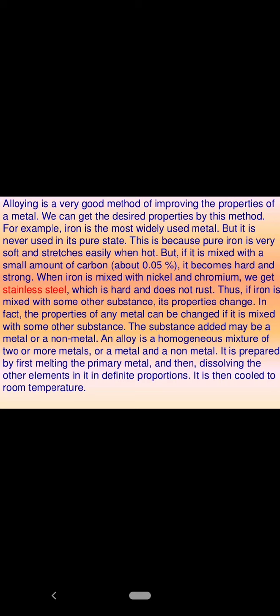But when it is mixed with a small amount of carbon, it becomes very hard and strong. Therefore, iron is mixed with nickel, chromium, etc. in order to obtain stainless steel, which we can use for our daily purposes. By alloying the iron, we prevent it from rusting, and also it becomes hard.